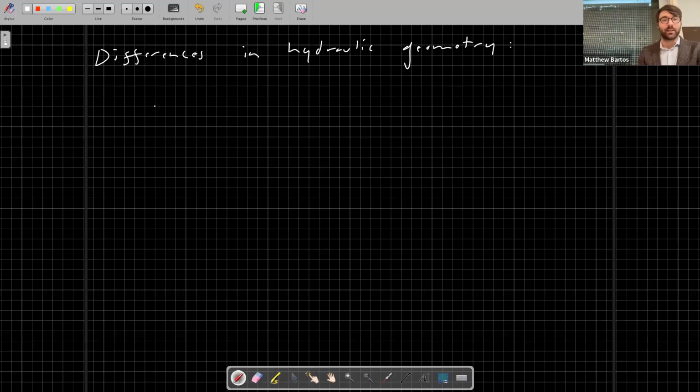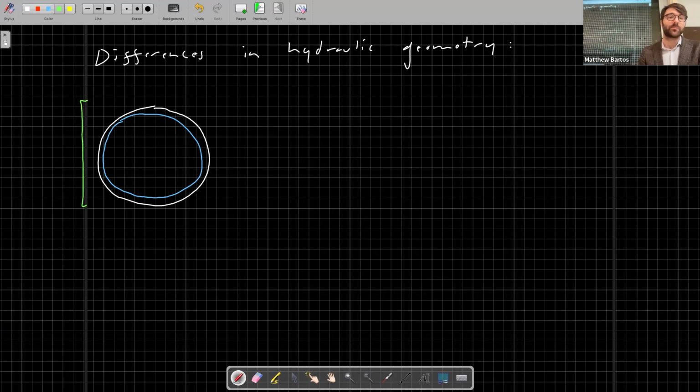So for pipe flow, we had it easy. We have some circular pipe. We know that it's always flowing full. We have some diameter associated with this pipe. And thus, if we need to know the cross-sectional area of the water, what's the equation for our cross-sectional area?